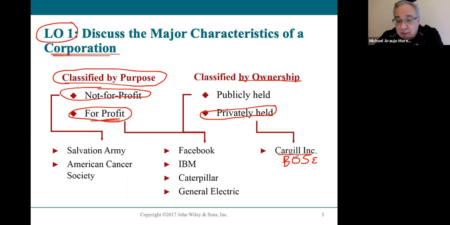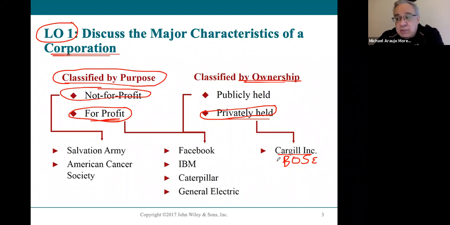Bose is a very large, worldwide, global corporation, but it's a privately held corporation, which means the shares of ownership in Bose are held by a group of private individuals, including the late Dr. Bose. He passed a couple years ago. His family, his associates, they own all those shares of ownership. They own all the shares of stock.